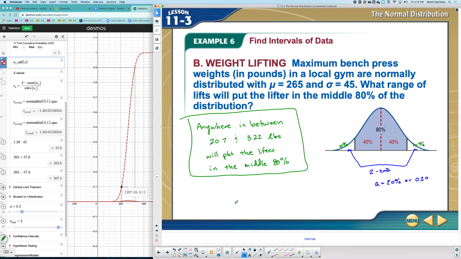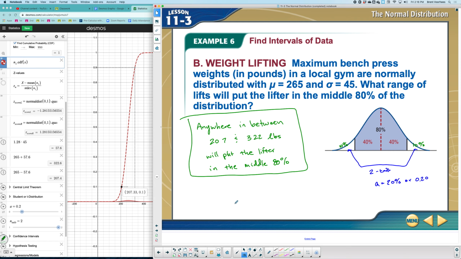So you could also use, you see how they use these symbols? I could just say x: 207 needs to be less than x, which is less than, I'm going to say now 323, because I'm using the less than symbol. It's not equal to. So to be within here, I would need to be greater than 207, but less than 322.67.